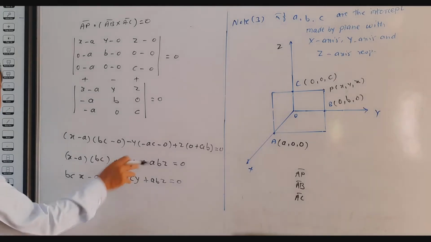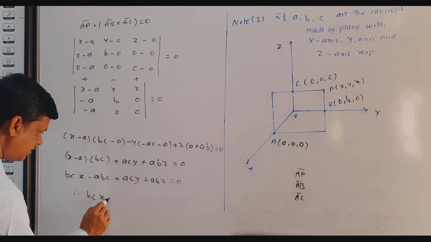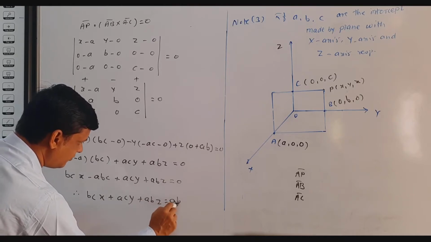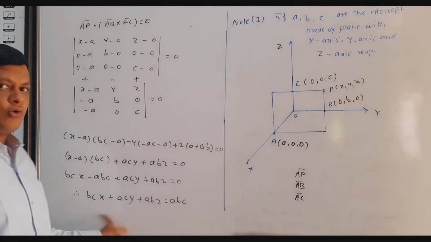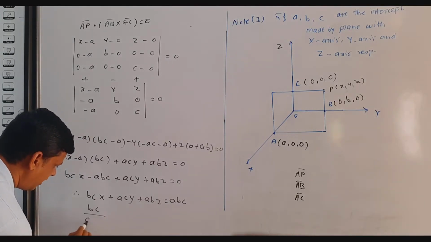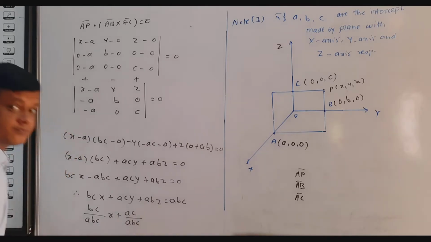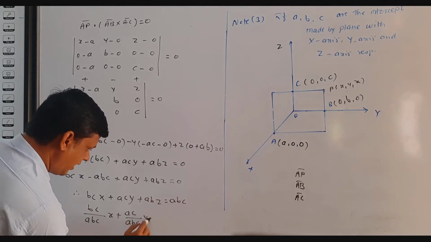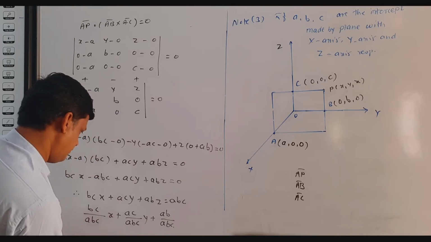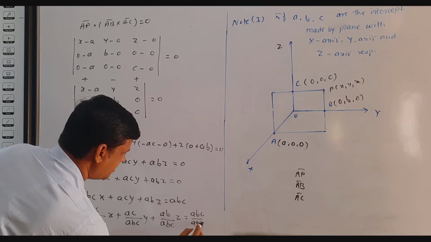So transfer this minus abc to the right hand side. We write bcx plus acy plus abz is equal to abc. Now divide both sides by abc. So we write bc upon abc into x plus ac upon abc into y plus ab upon abc into z is equal to abc upon abc.